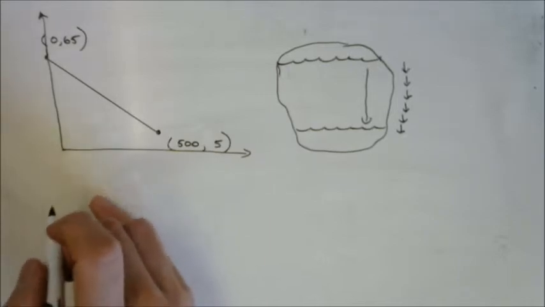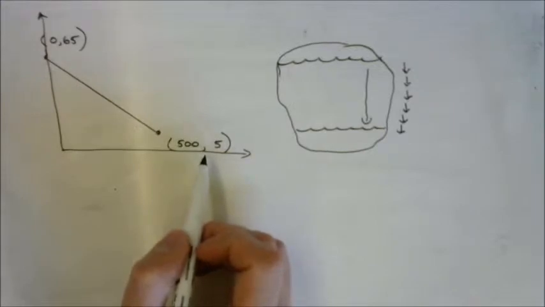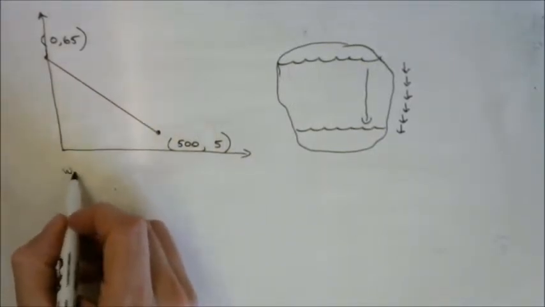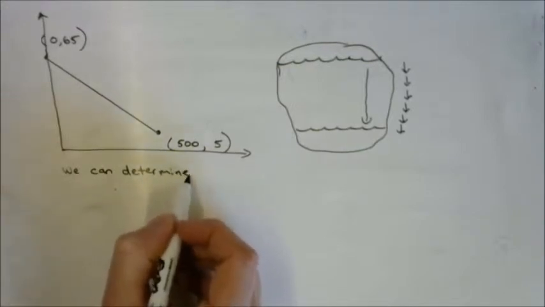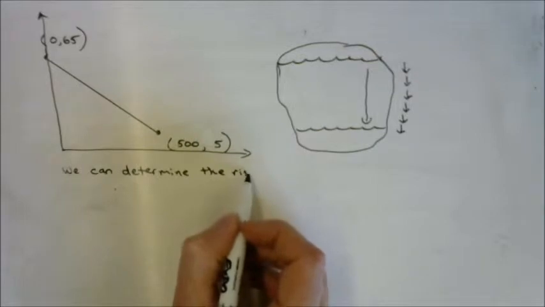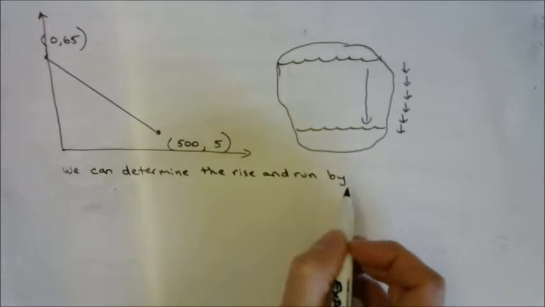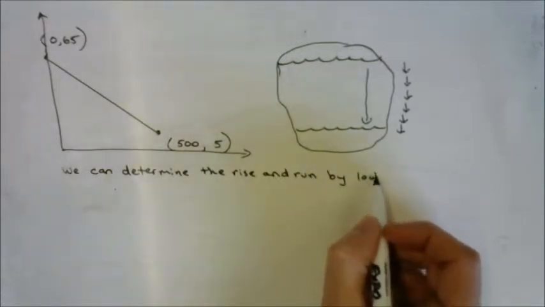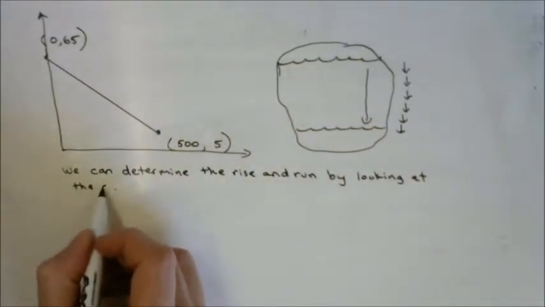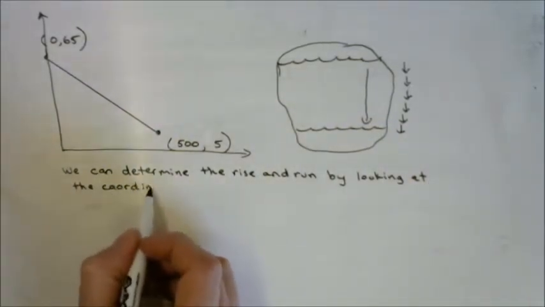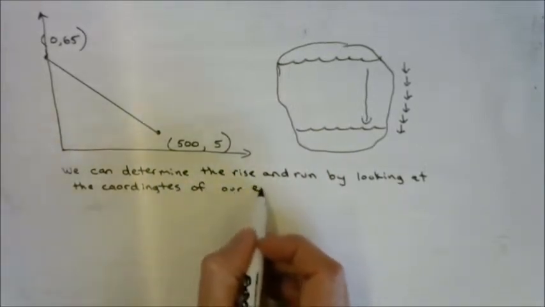So what you can actually do is calculate it based on the coordinates that you have, okay? We can determine the rise and run by looking at the coordinates of our endpoints.